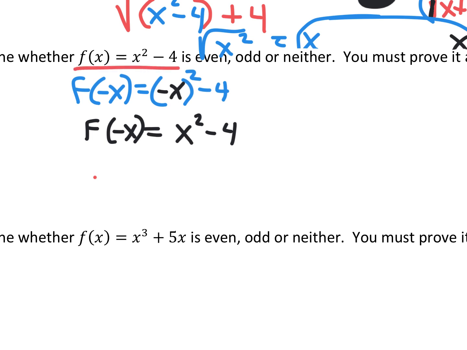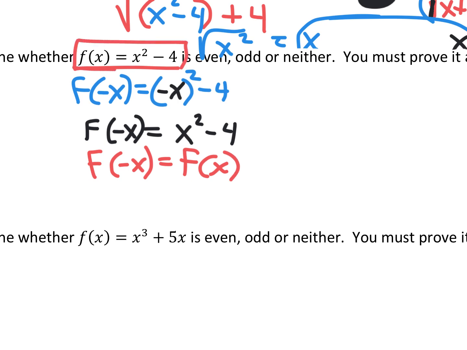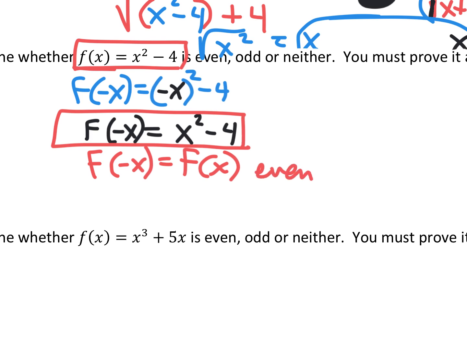So your last step is to say f of negative x was equal to f of x. See, this was f of x. And look, it's exactly the same right here. So, it's even. What if it had a negative in both spots? If there'd been a negative in both spots, like the opposite of what it was, you'd factor out the negative 1, and it would have been odd.